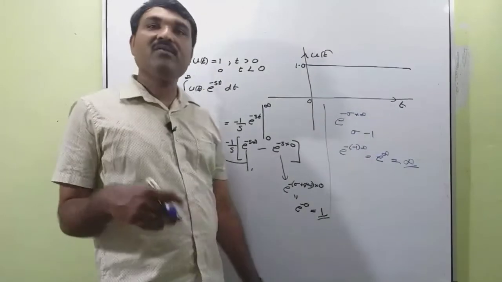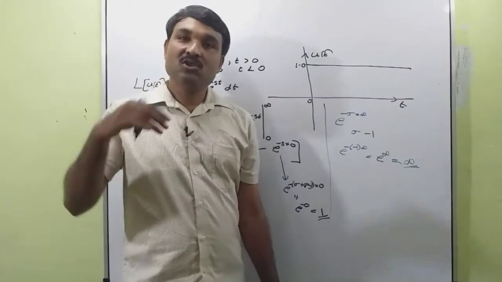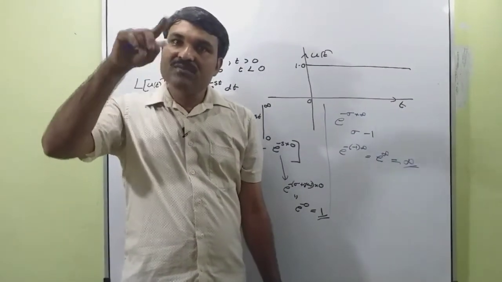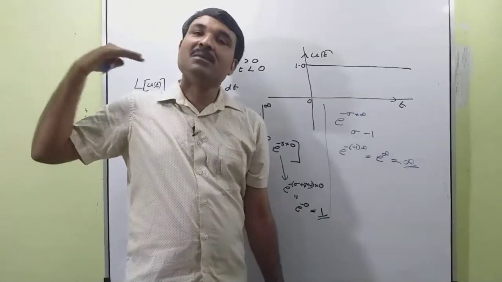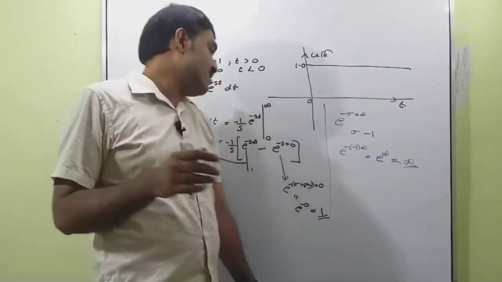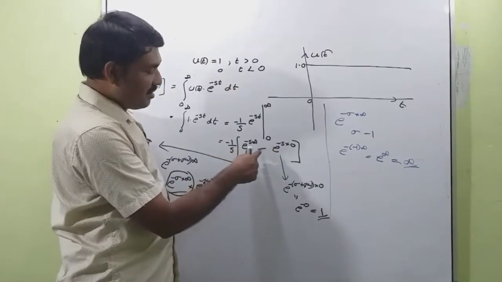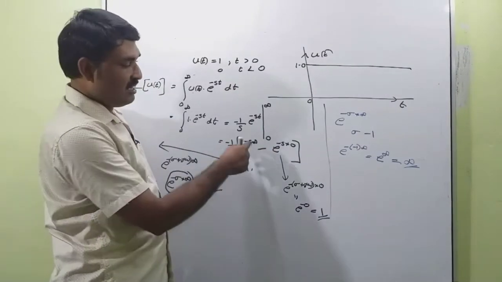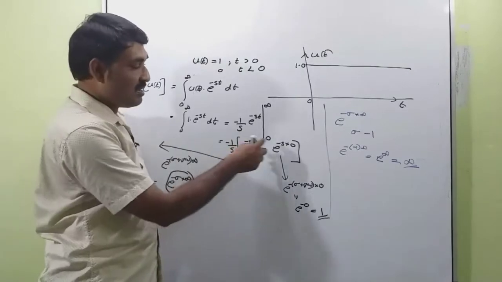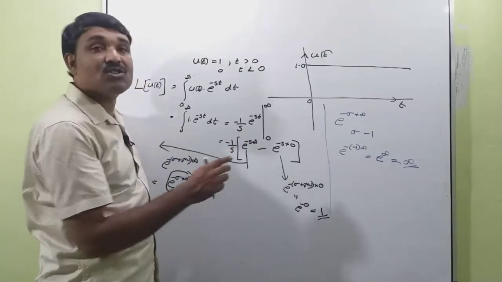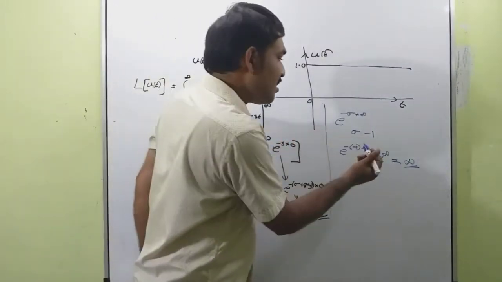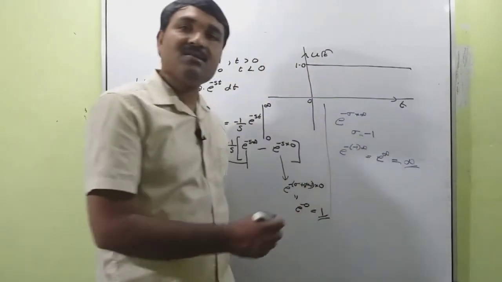Here e is a value 2.73, so 2.73 raised to infinity means 2.73 multiplying infinite times, and that value is equal to infinity. So we have one term here, infinity into this term, that is infinity. Infinity into anything is equal to infinity. Infinity minus 1. So this factor does not exist if sigma is equal to minus 1.